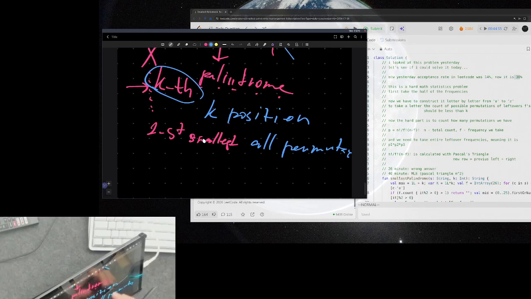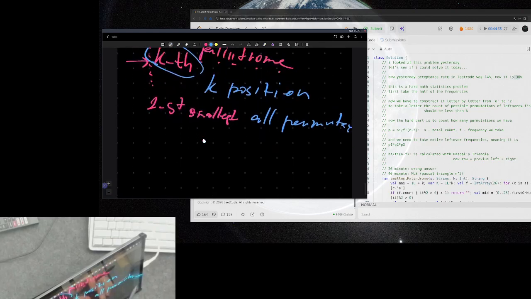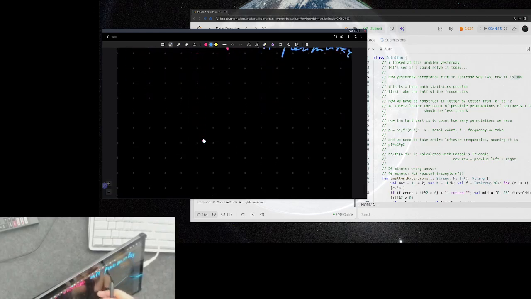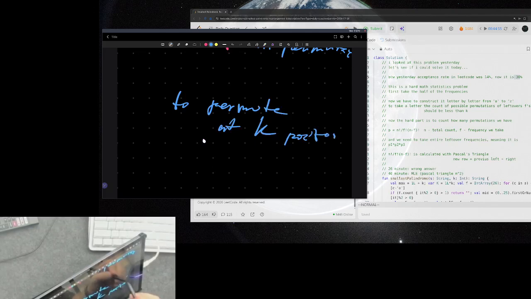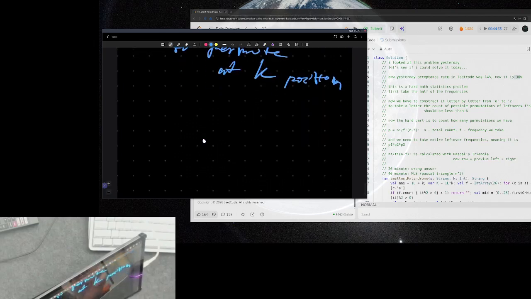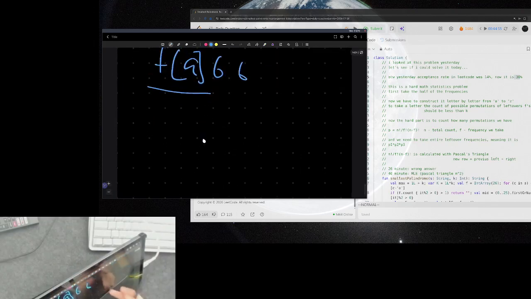So let me explain what I understood from this problem. The problem is to permute at exactly k position of all the permutations, and that means, so we have some letters, we put them in a frequency, and then we take one by one each letter.